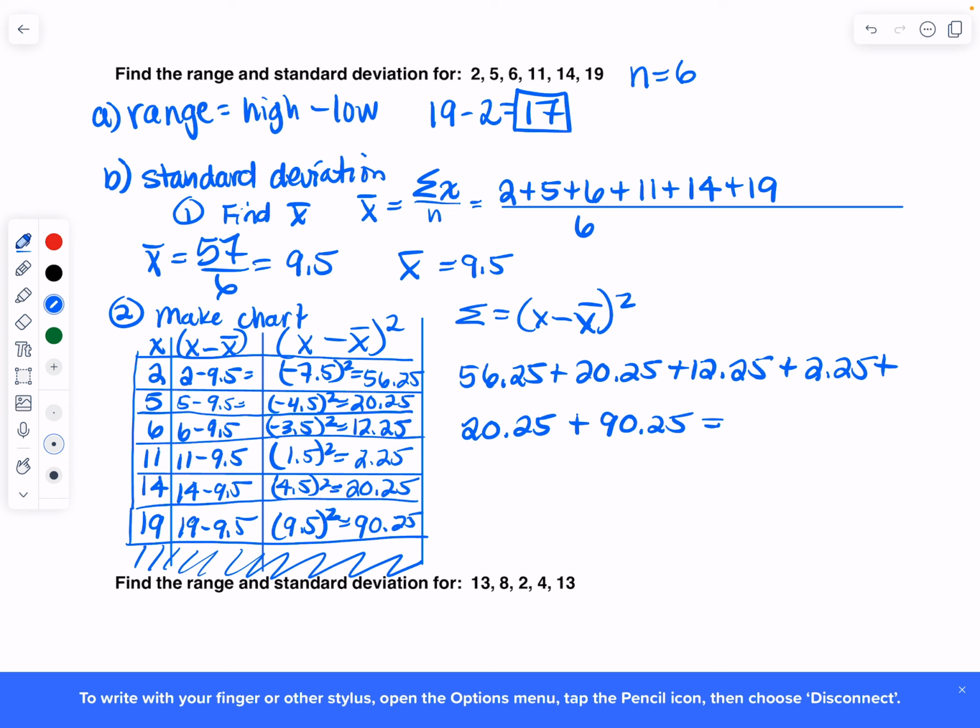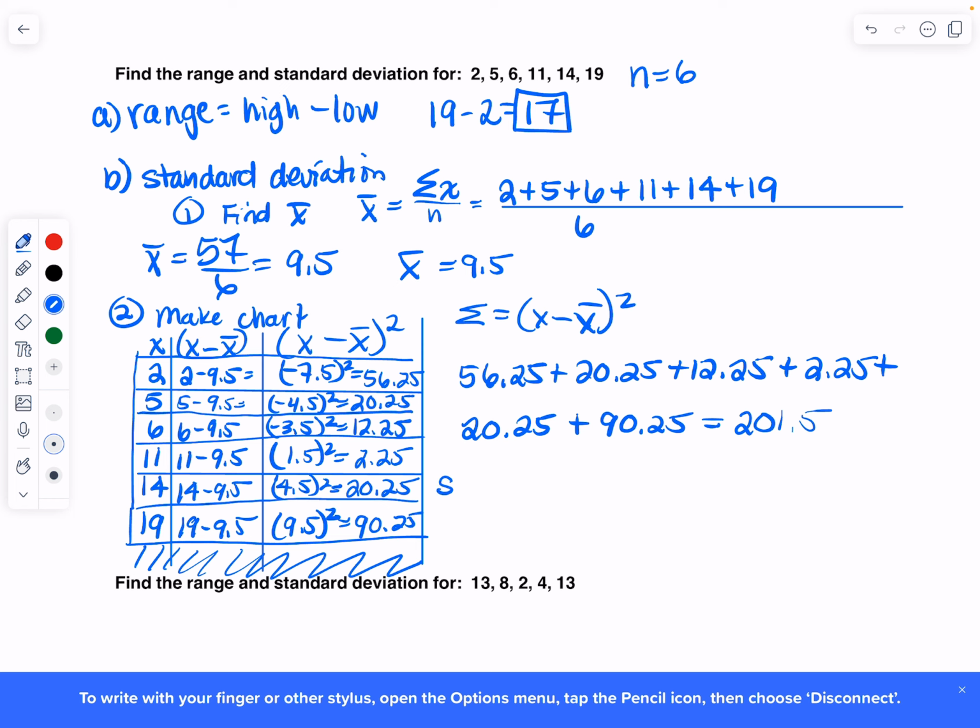Again, I'm just double checking to make sure I got the right values. When I add those all together, I get 201.5. So remember that 201.5 is the sum of x minus x bar squared.